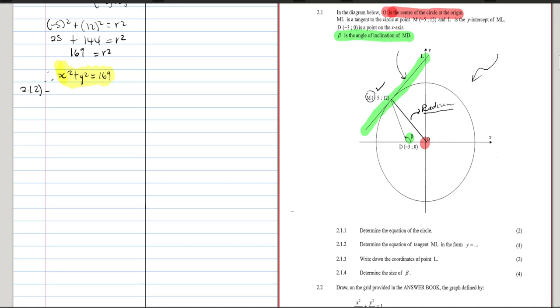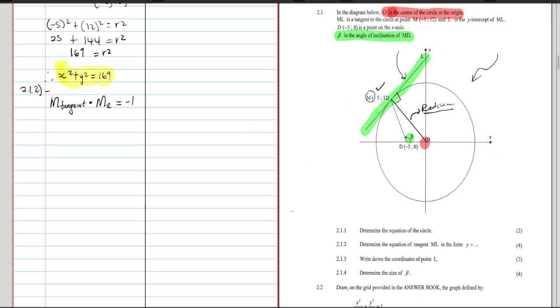In Euclidean geometry, one of the theorems states that a radius is perpendicular to what? A tangent. So we're going to use this property to find the gradient of the green line, the tangent. So we know that the gradient of the tangent, when multiplied by the gradient of the radius, should give us minus 1.